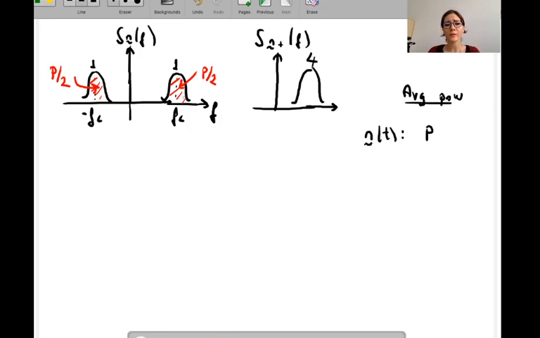But then if the area here is P over 2, the area here would be P over 2 times 4, it would be 2P. So the average power of the process n plus would be 2P.